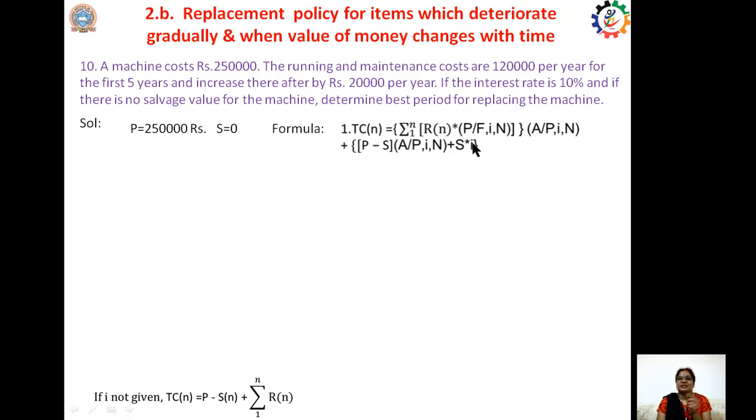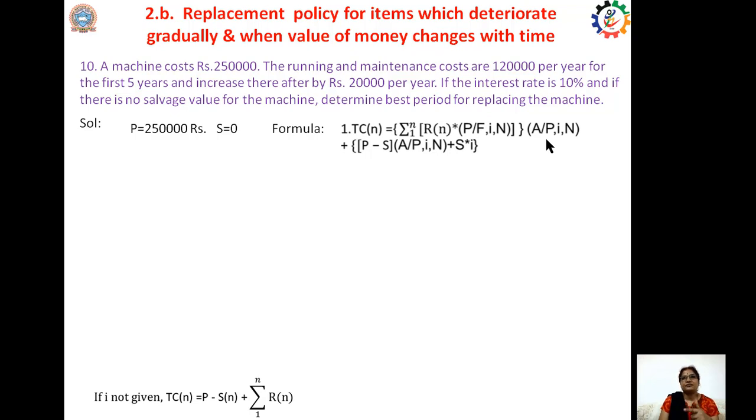So the general procedure is given. What happens, since it is incurred in various years, you cannot just add them. So when can you add? If you convert all of them into one particular value, I mean only to P, only to A, only to F, like that. Here we are converting all of them into A. Any replacement problem can be solved in two ways, either using the present worth method or the annual worth method.